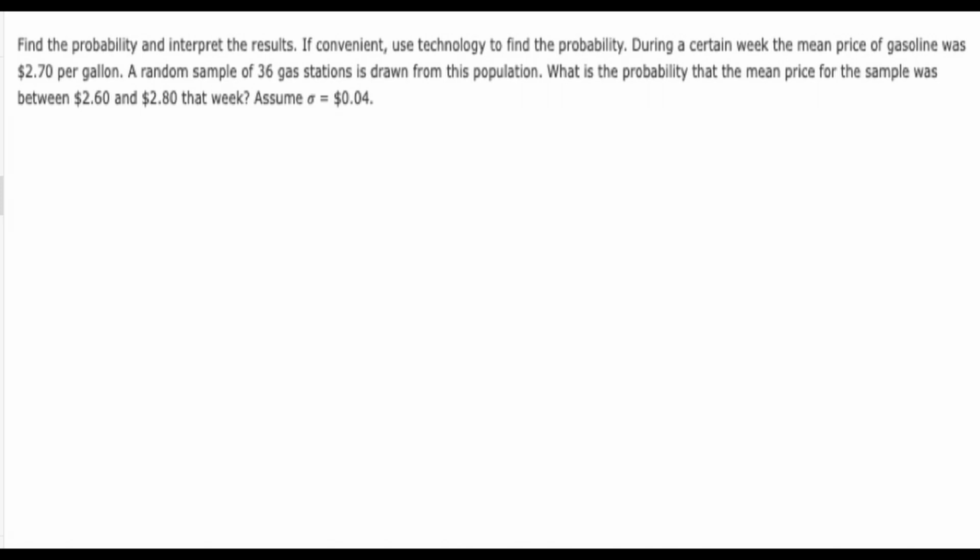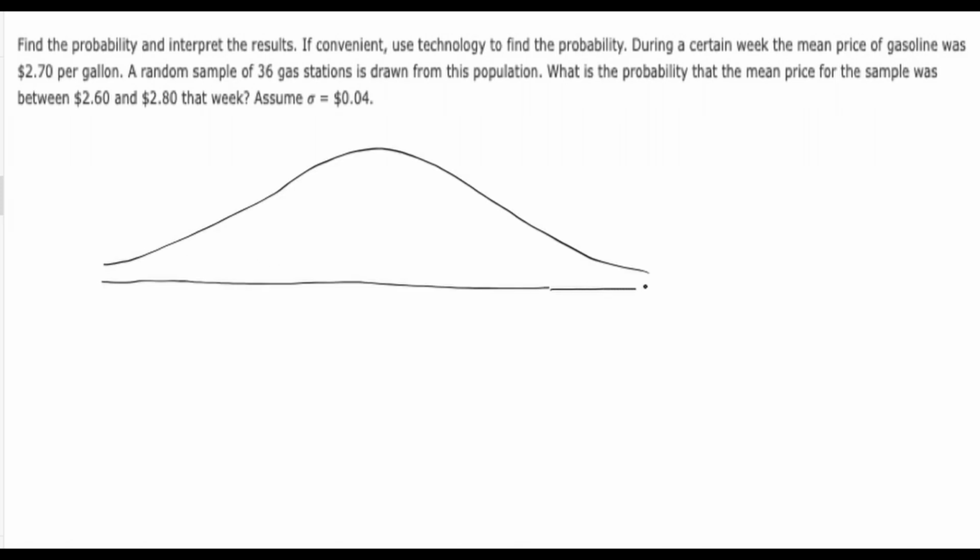They give a standard deviation of 0.04 for the population. So let's just draw the original distribution and then our sampling distribution just for our information here. The original distribution is a relatively wider bell curve than the sampling distribution. The sampling distribution is always narrower because anytime you take a sample that's bigger than an N of 1, see, N of 1 is the widest spread that you can get for your distribution.